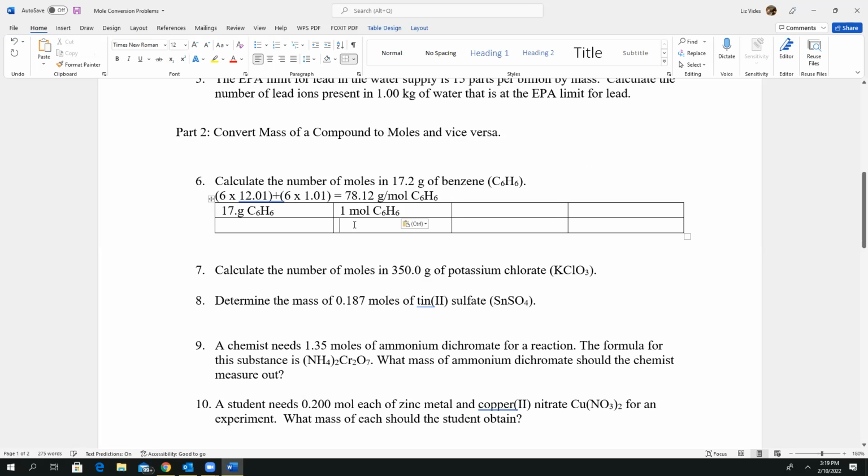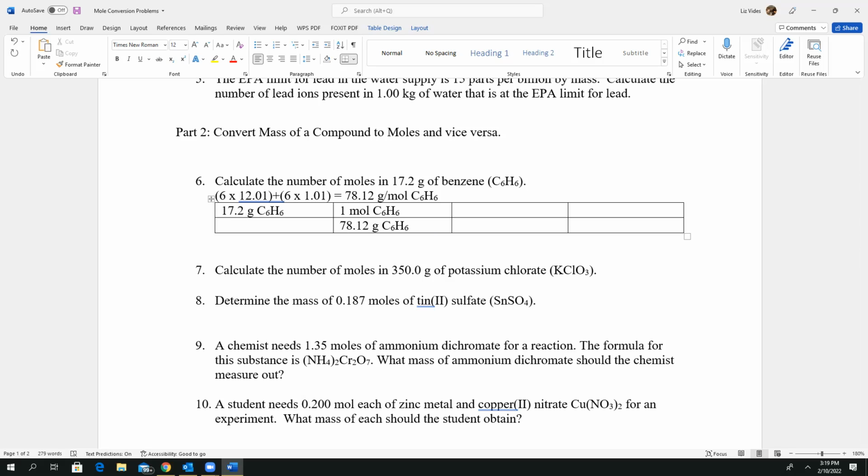All right, and we say that for 1 mole of benzene, we just calculated it, 78.12 grams of benzene. All right, so all we would have to do is multiply, divide. Well, obviously multiplication is times 1, so we're just dividing. 17.2 divided by 78.12.